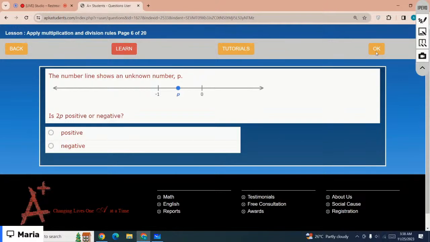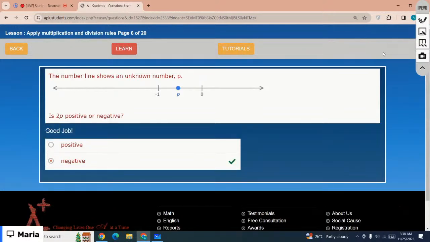The number line shows an unknown number p. Is 2p positive or negative? Yes, p is already on the negative side, right? P is negative and 2 is positive. So when you multiply a positive and a negative number, the answer must be negative, right?